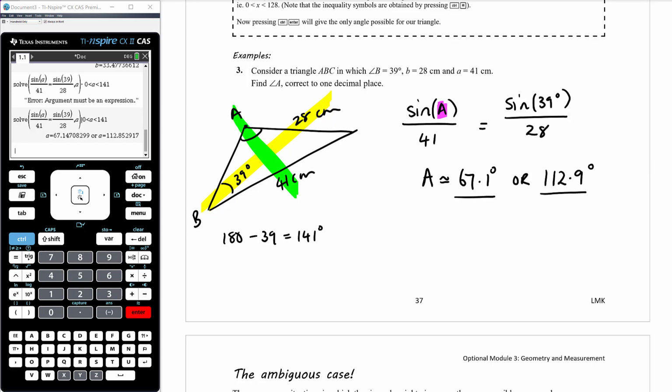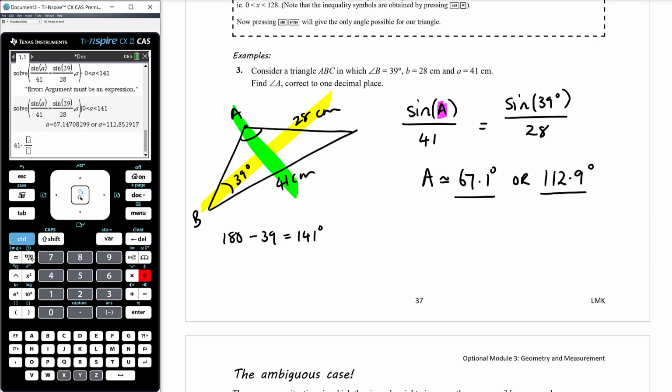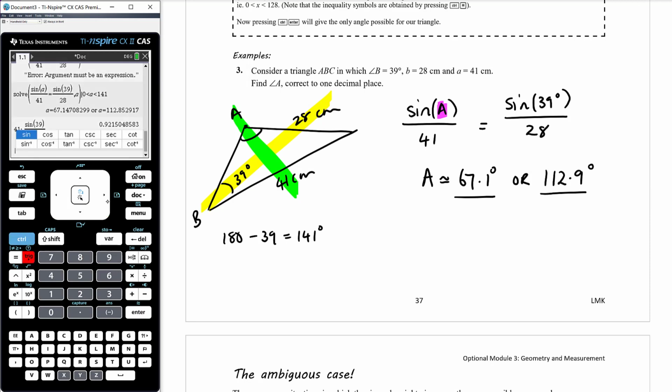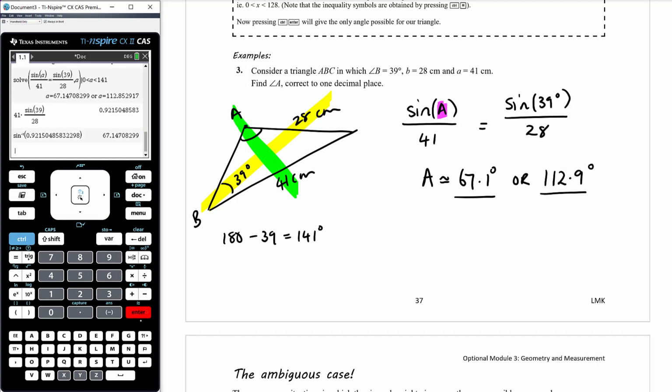If we hadn't used the CAS to solve, if we'd rearranged it ourselves and worked out 41 times sine of 39 over 28, and then done inverse sine of that, we would only have got one of those solutions, but they're both correct and they both need to be listed if there are two correct solutions.